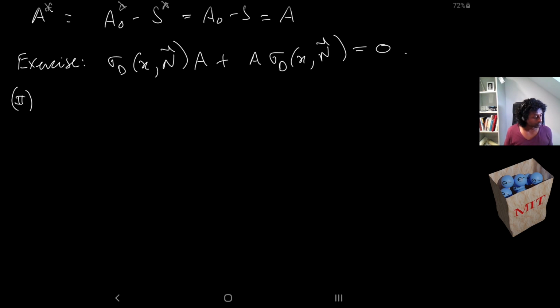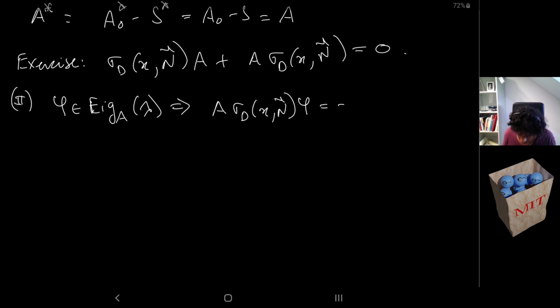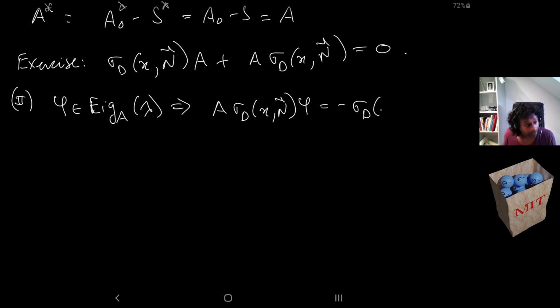So just bear with me for a couple of minutes, because what we're going to do now is quite easy. Suppose now that we have this in the eigenspace of some lambda. This means that A of dx_n phi is exactly equal to, by this anti-commutativity, negative dx_n tilde A phi, which is just going to be negative lambda of phi.